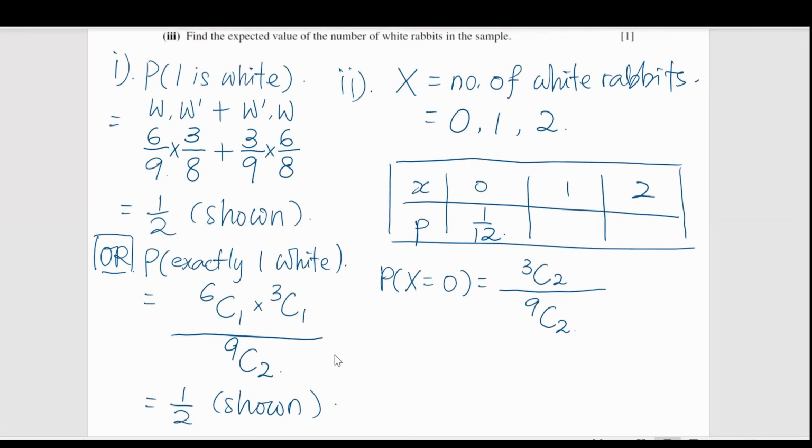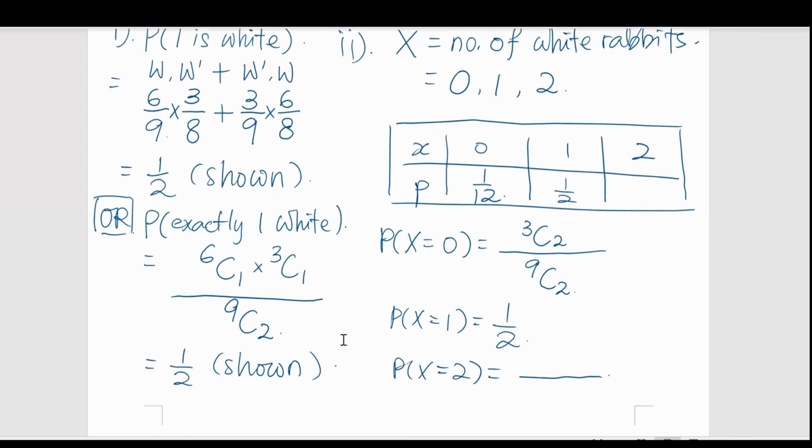Okay, and when X equals 1, we have already found the probability in part 1. Exactly 1 of the 2 rabbits is white, so the probability was found to be half. Then now we are trying to find the probability that X equals 2. It means the 2 rabbits selected are both white.